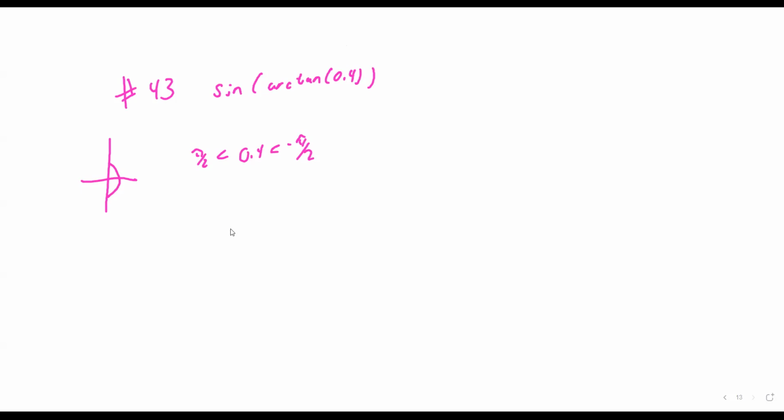Actually, I completely lied. That would be the restriction of regular tangent. With arc tangent, it actually goes negative infinity to infinity. I forget that tangent's different. All right, so arc tangent's domain is negative infinity to infinity.